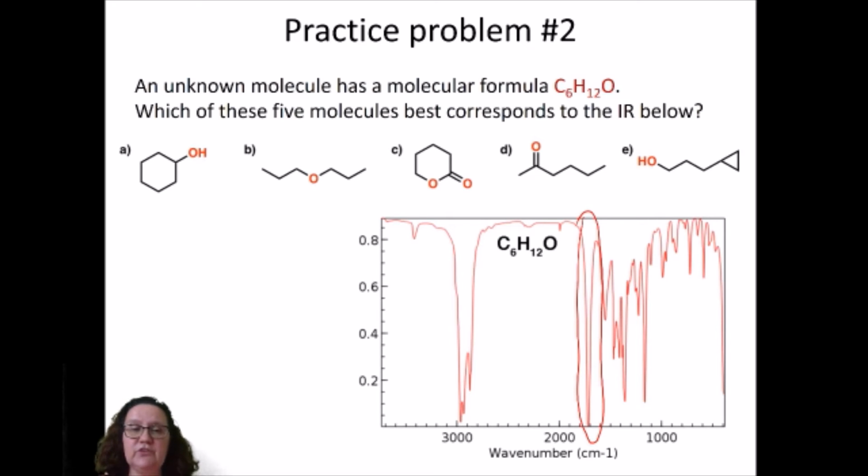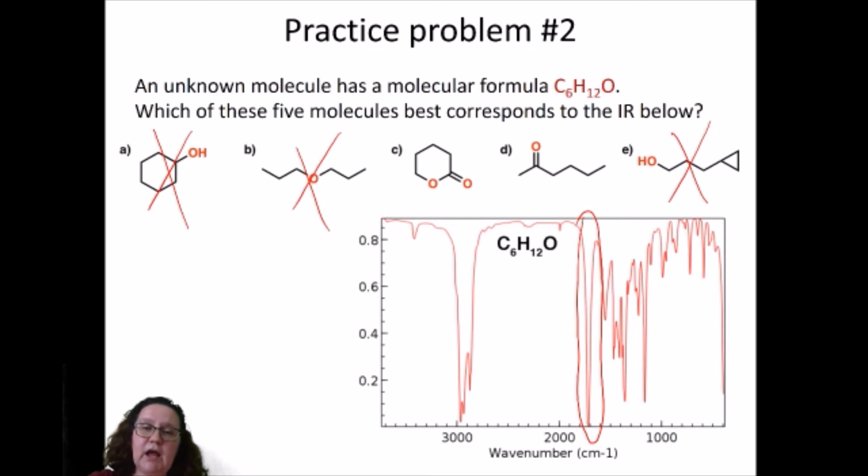That allows me to reject straight away compound A, that is an alcohol, compound B, which is an ether, and compound E, which is another alcohol. And then the only possible options are compound C and D. And I might be able to look at, this is a carbonyl group which is part of an ester, and this is a carbonyl group that is part of a ketone.